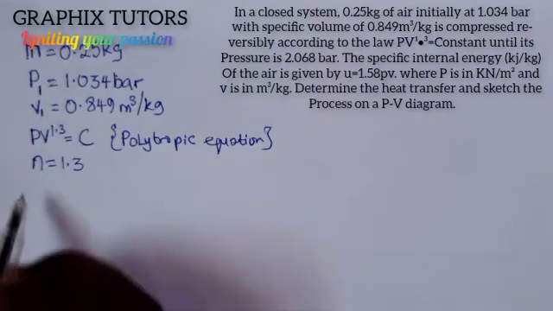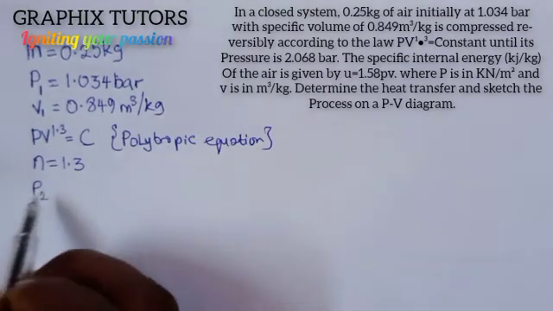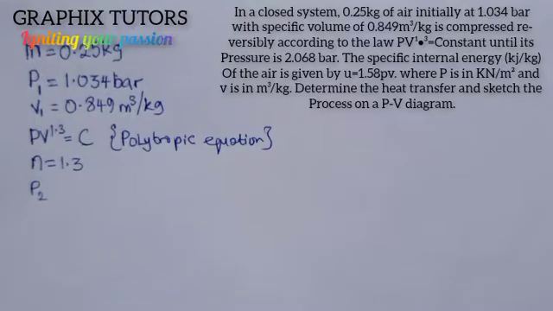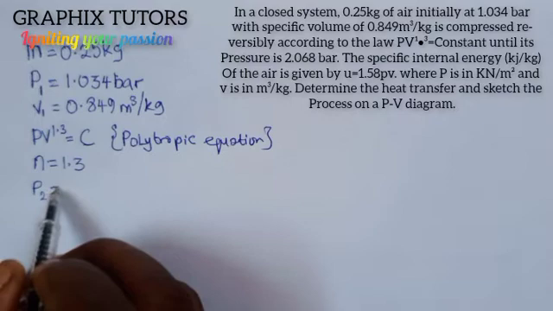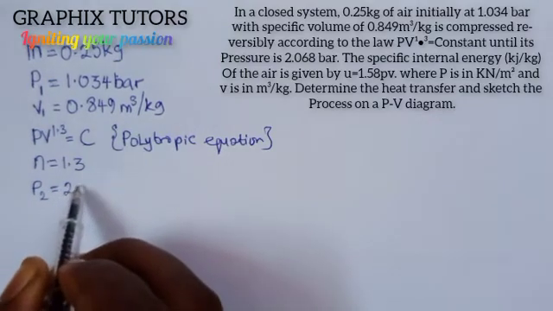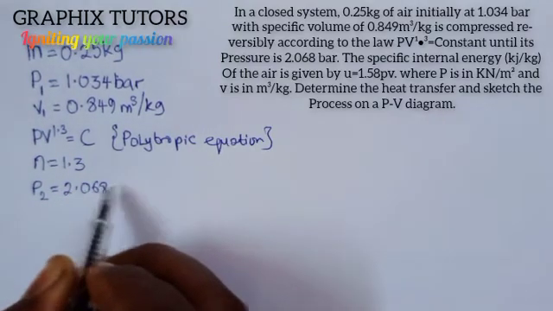Now we move forward. The final pressure P2 from the question, if you look at that statement, it says until its pressure is 2.068 bar. So P2 is 2.068 bar.